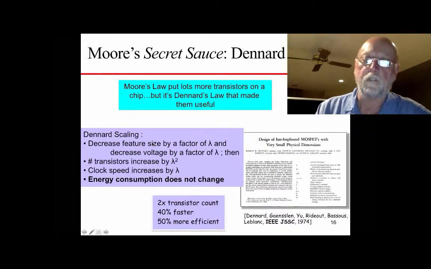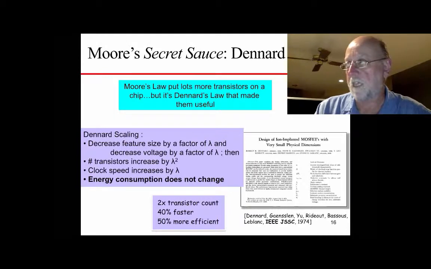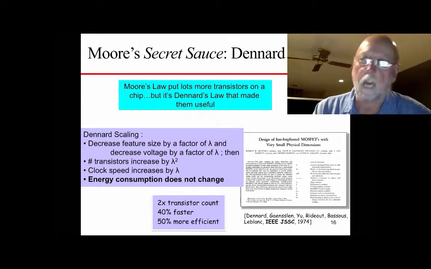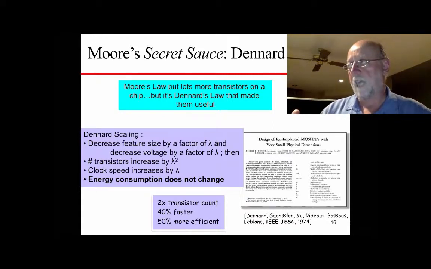You could decrease the voltage by that factor, and you could think about increasing the number of transistors by that factor squared, basically the area squared. So you're going to be able to decrease the feature size, decrease the voltage, and have an increased number of transistors. And that allows you to increase the clock speed by that factor. So Dennard scaling puts those transistors to very good use.